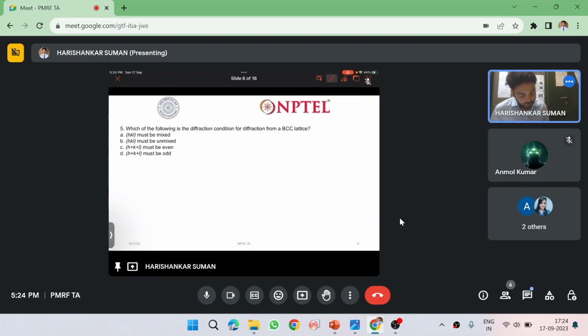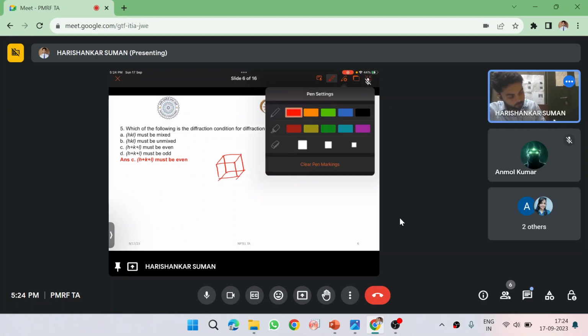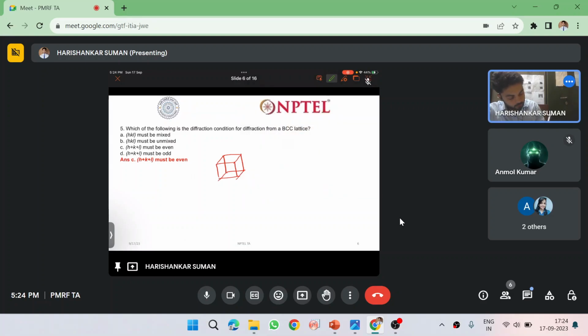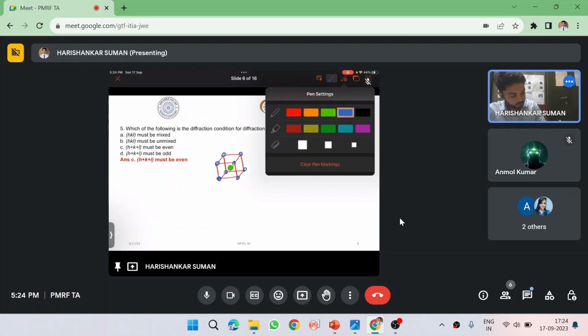Okay, so let's see how this happens. Body centered cubic: one atom, let's say, in the body, the others are at the corners. This is the BCC lattice unit cell.